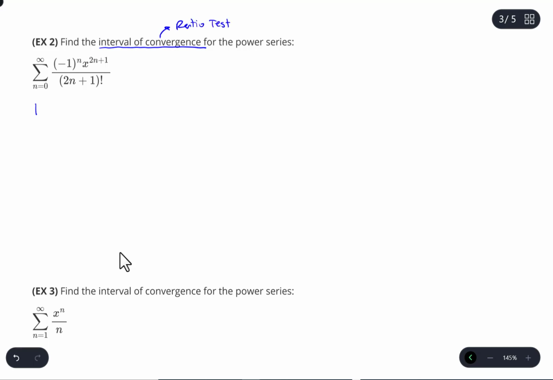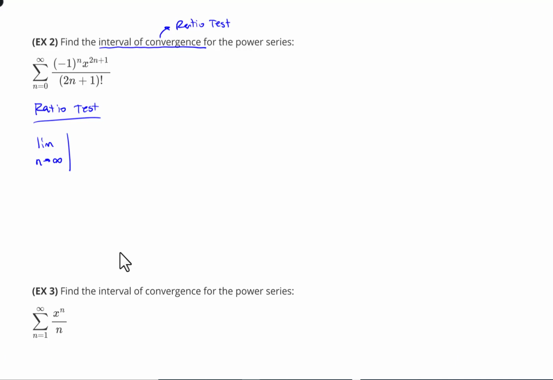So in this case, let's see what we get. To do the ratio test, we do a limit as n goes to infinity of the n plus 1th term, and remember, we're taking the absolute value of everything, so the alternating term doesn't matter. So you can ignore it.